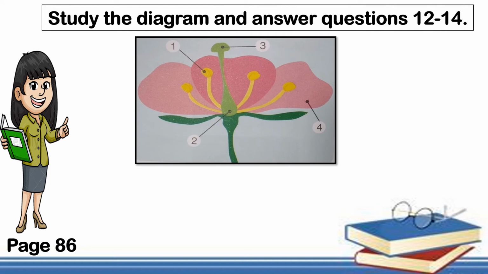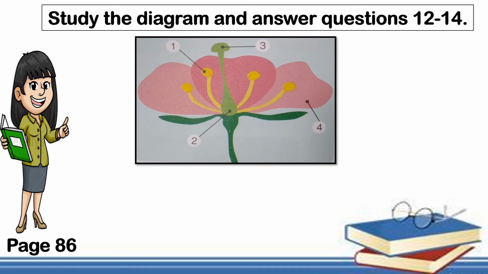This time, you need to study the diagram and answer questions number 12, 13, and 14. Let's try to learn or discuss once again the different parts of this flower.